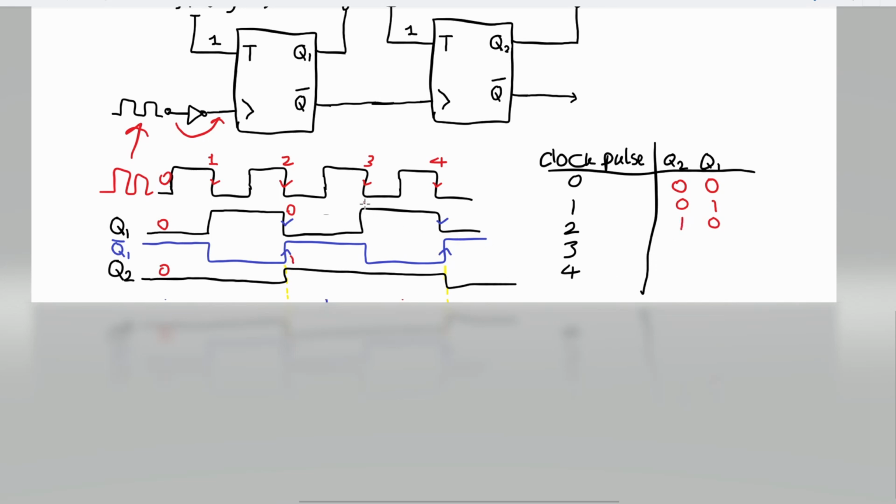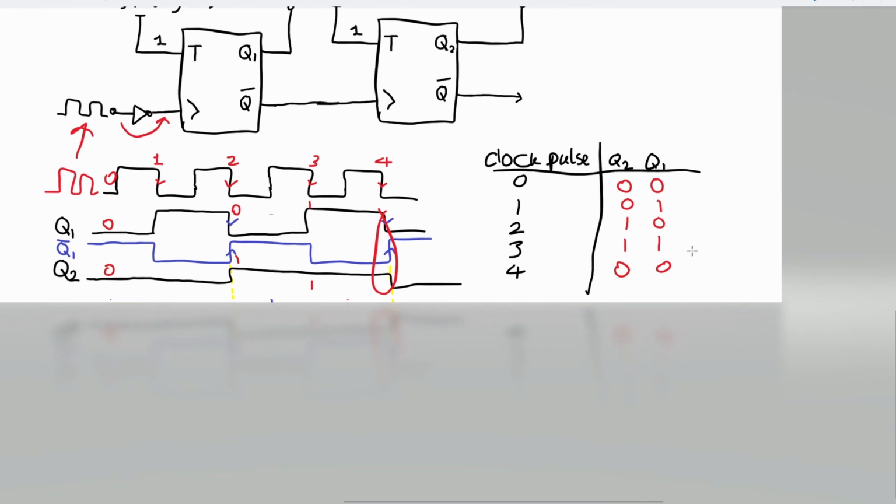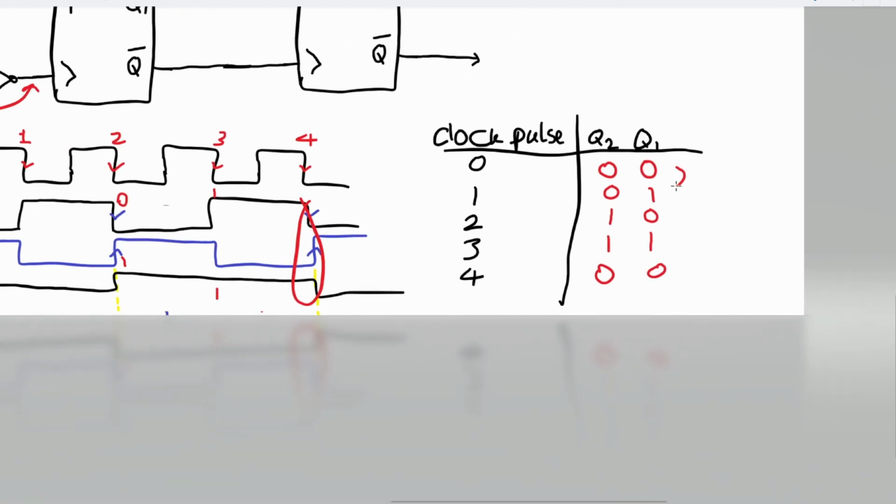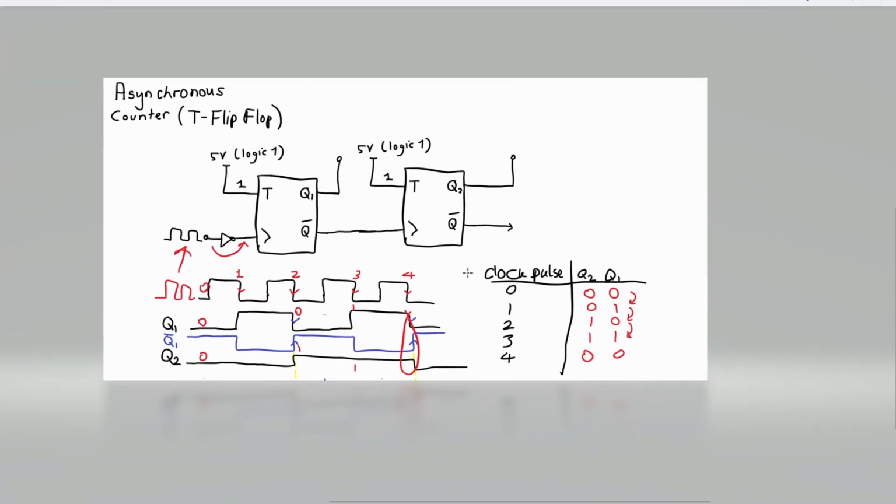On the third pulse, Q1 becomes 1 and Q2 remains 1. And then on the fourth falling edge, both of them become 0. So now we can see that it is counting up like the other circuit.